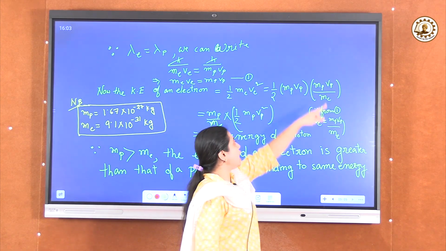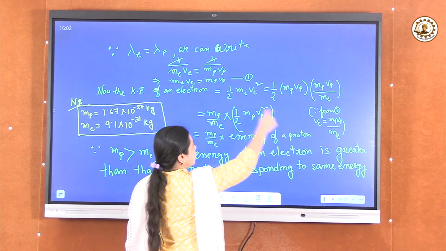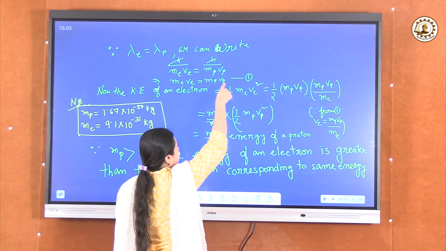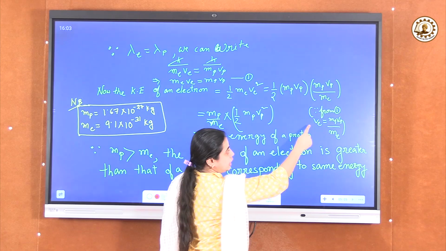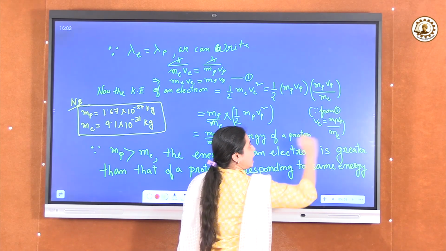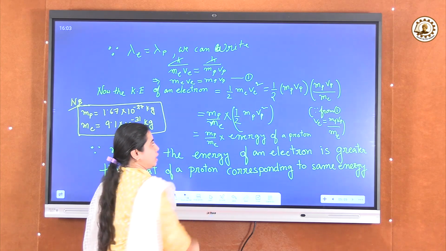For this part, if Me Ve equals Mp Vp, then Ve is equal to Mp into Vp divided by Me from equation 1.